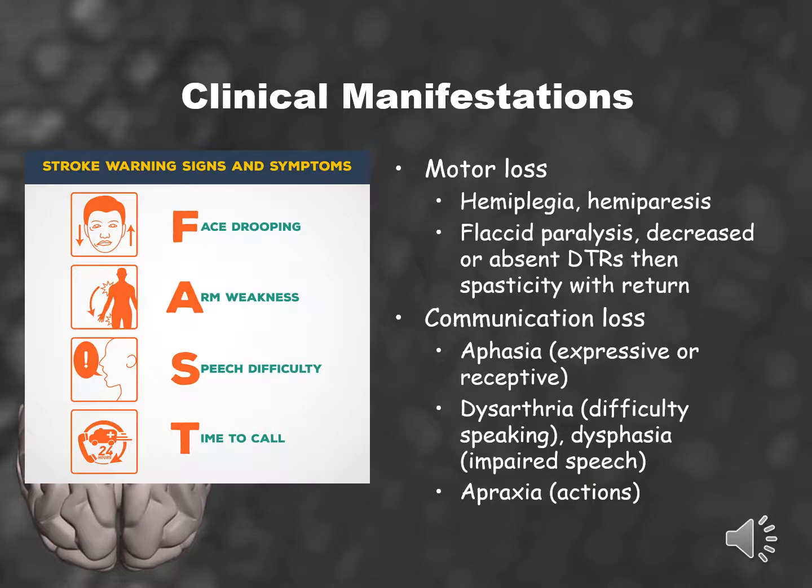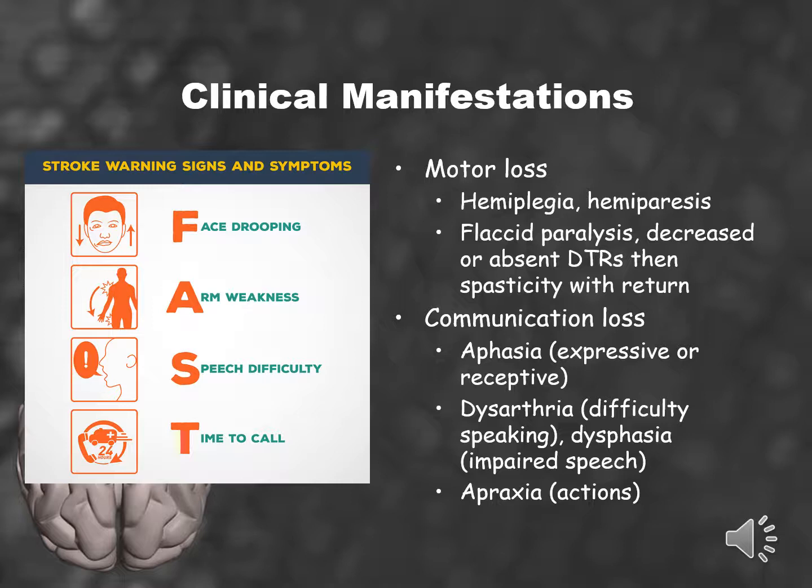Signs and symptoms of an ischemic stroke really depend on the location of that ischemia within the brain. So the lobe or the area of the brain where the ischemia has occurred will determine what type of symptoms the patient will actually have.